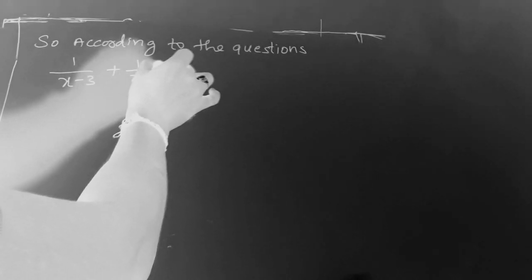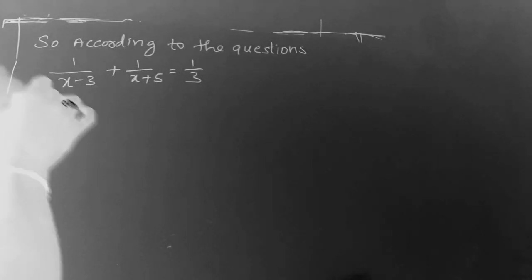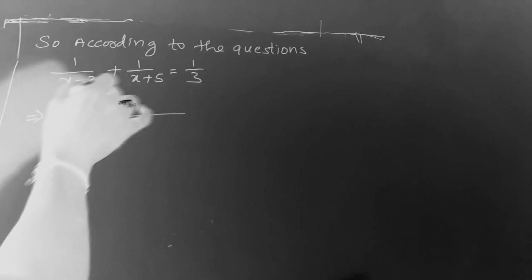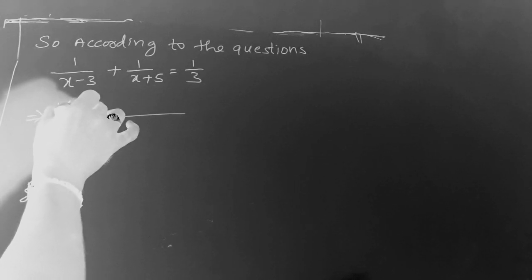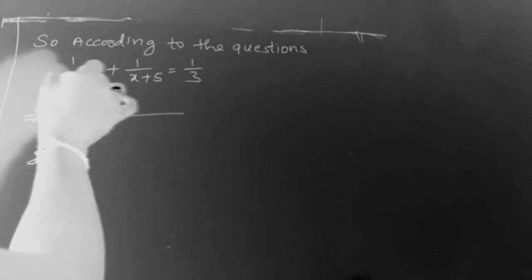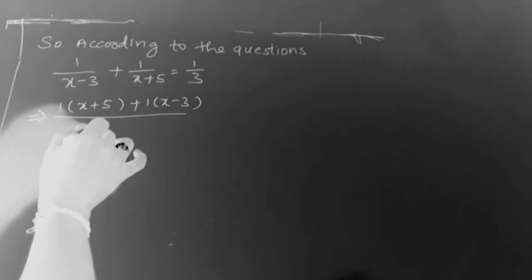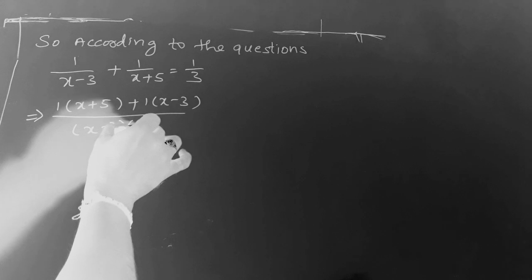That is equal to 1 by 3. Here two fractions are there. Add these two fractions. Step 1, multiply 1 with x plus 5. Step 2, multiply 1 with x minus 3. Step 3, multiply these two, x minus 3 and x plus 5, that is equal to 1 by 3.